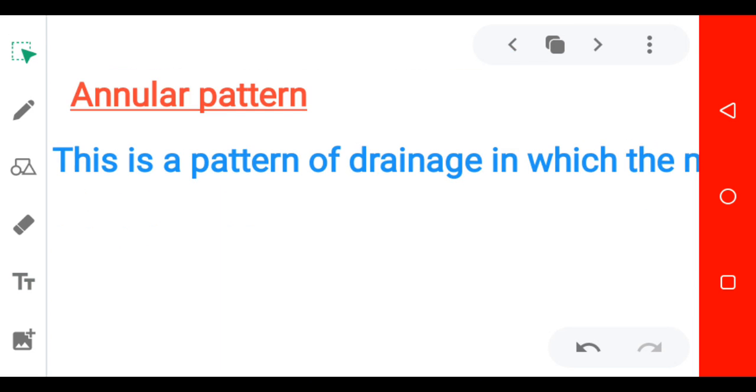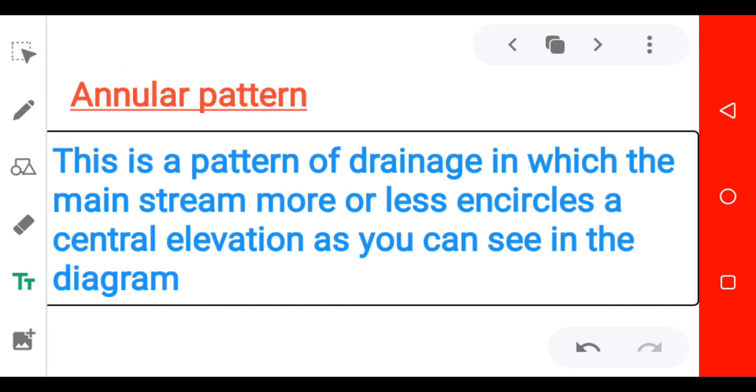Let's move on. That's what we call the annular pattern. This is a pattern of drainage in which the main stream more or less encircles a central elevation, as you can see in the diagram.